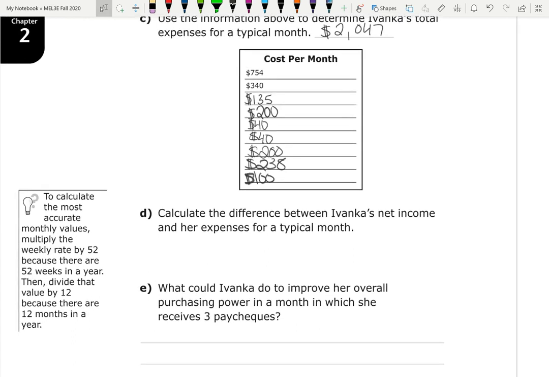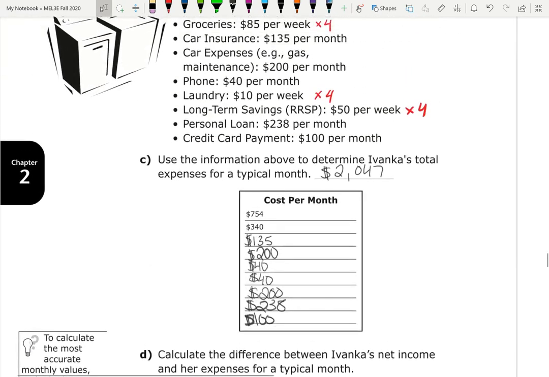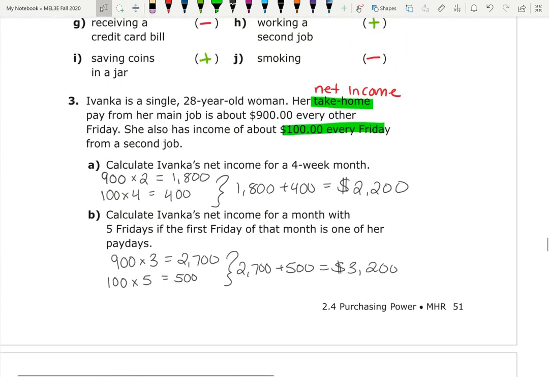Calculate the difference between her net income and the expenses in a typical month. So we determined up here that her net income a month is $2,200.